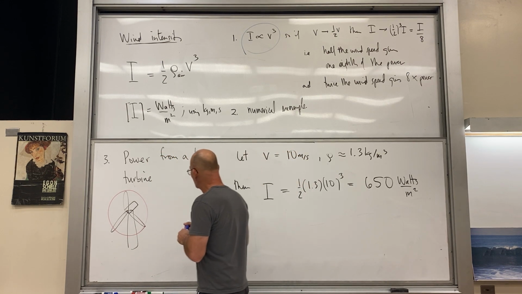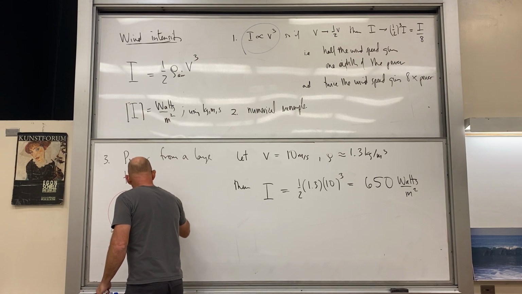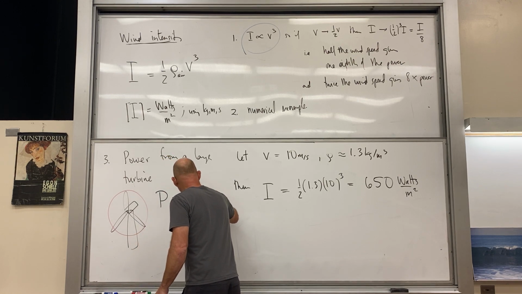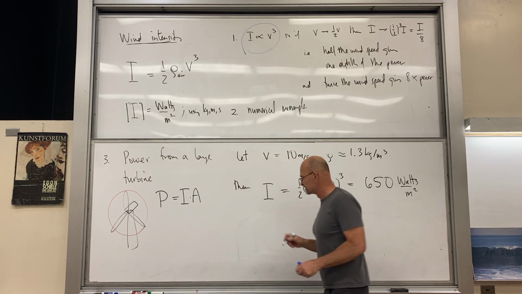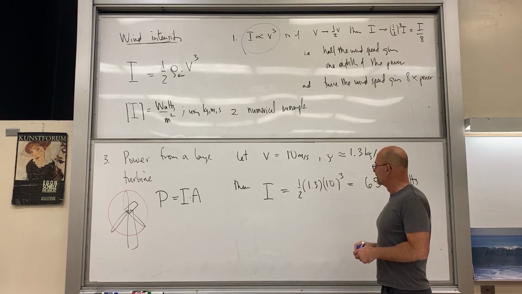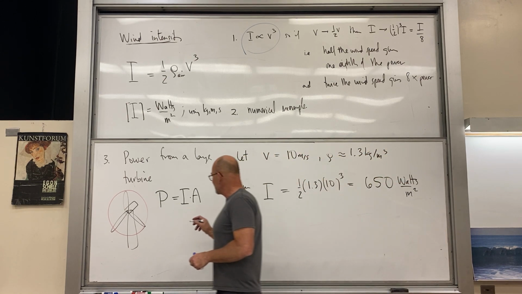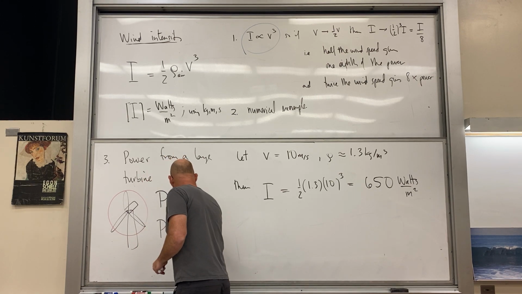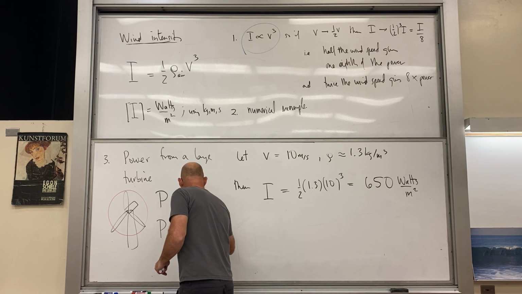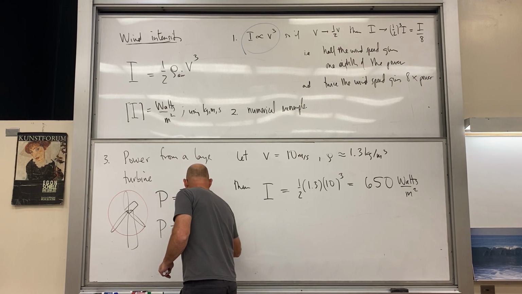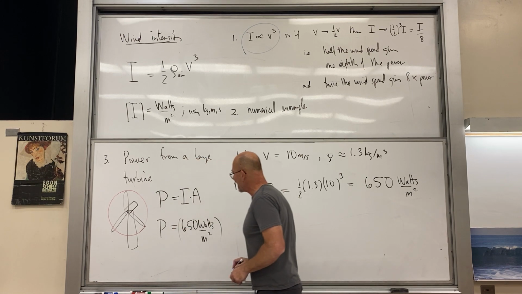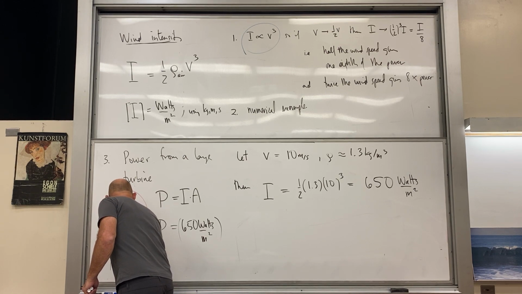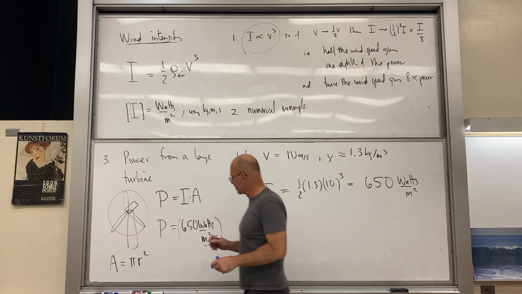Now the power, just as it was with the sun, power is going to be the intensity times the area. Okay. So for this example, power is 650 watts per square meter times the area. Well, area is pi radius squared.